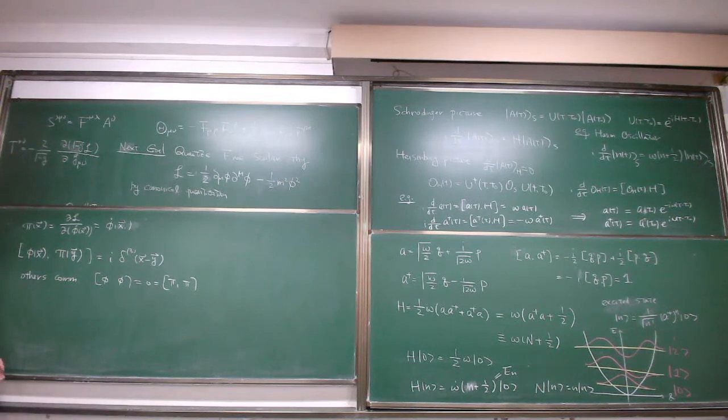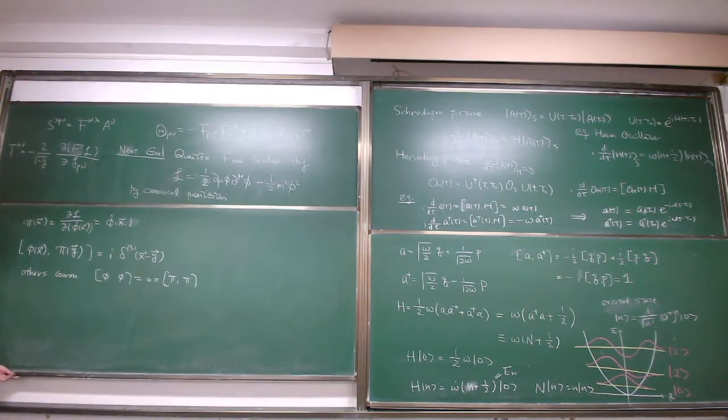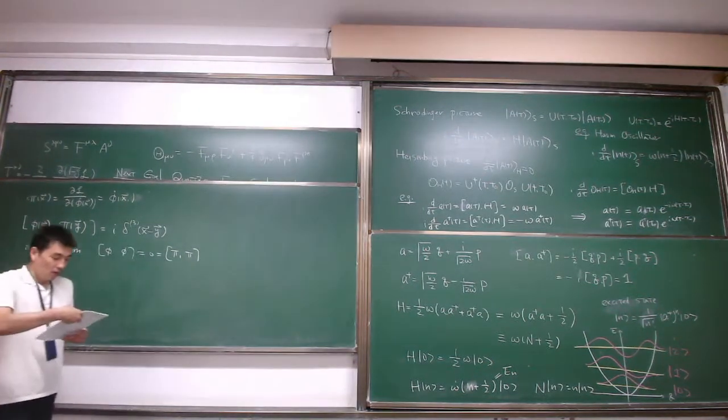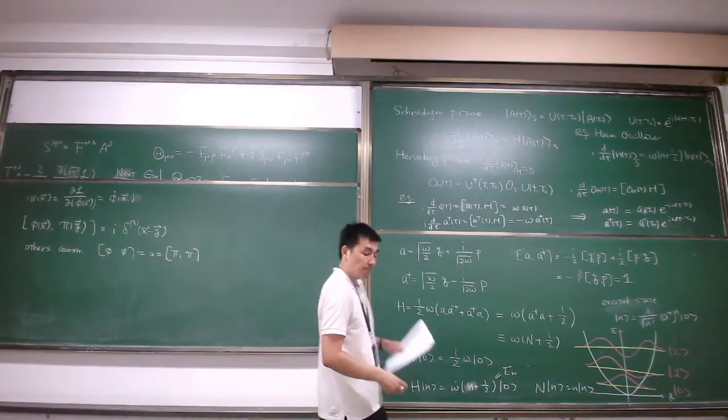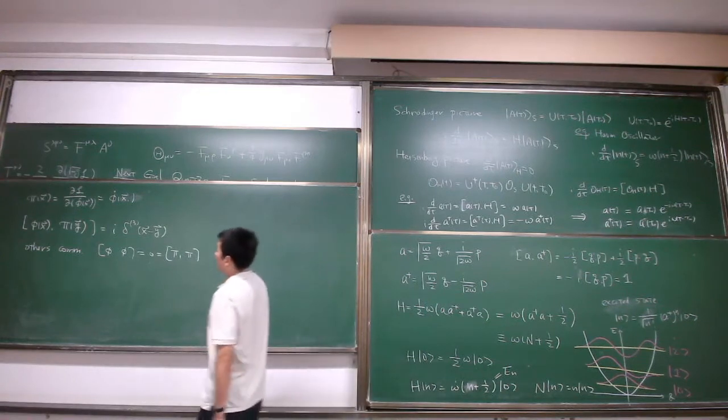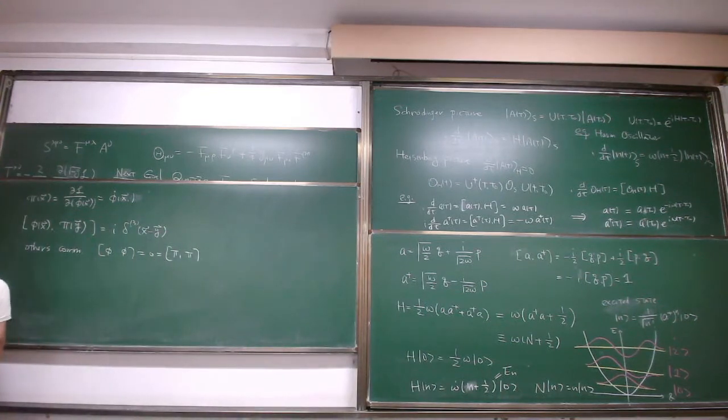Okay? So that's what I meant by the others commute. Essentially, canonical quantization does this: impose this relation, treat phi and pi as operators, and impose this relation. That's it. It's super easy. And then we will see the consequence.